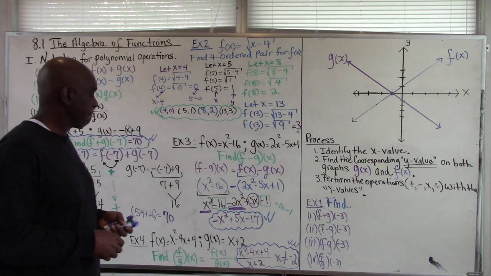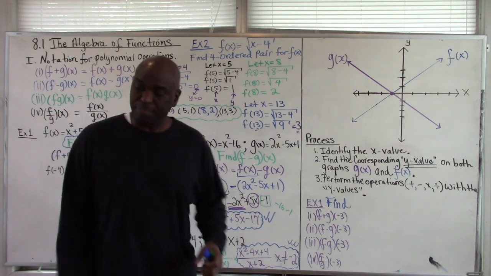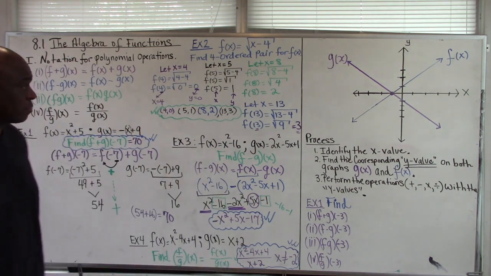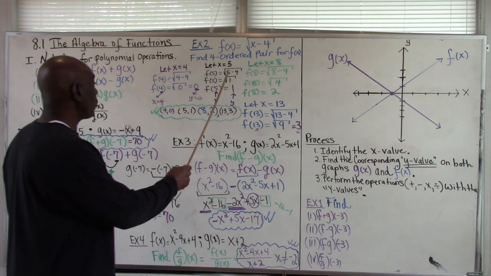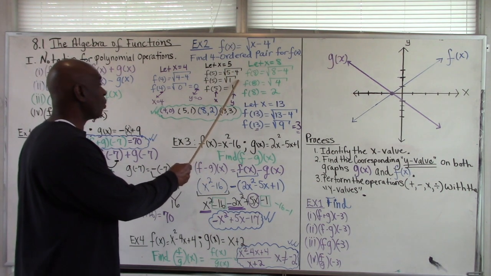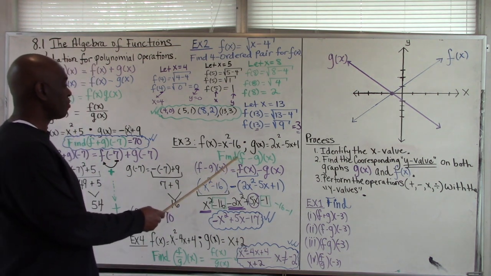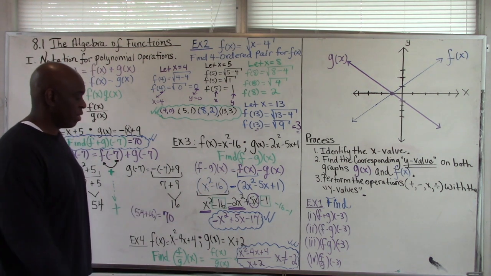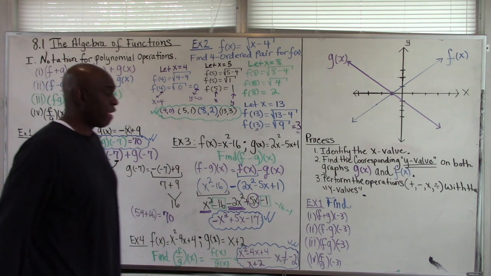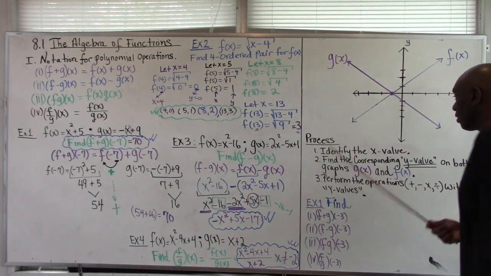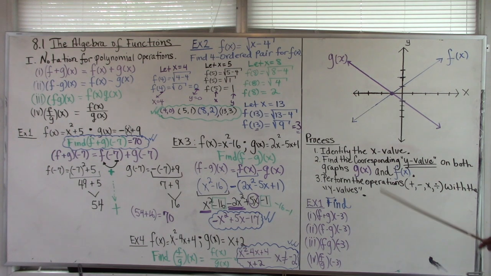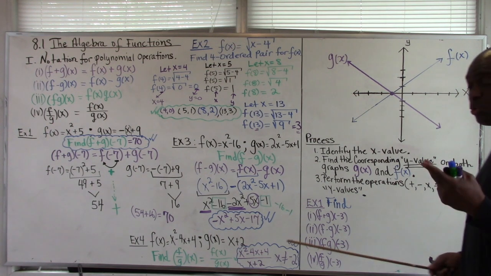Alright. Okay. So what have we done? We've added, we have found ordered pair, we subtracted, we divided, and now we have a very unique situation happening over here. Alright? So basically we have a coordinate plane, and on the coordinate plane we have two graphs.